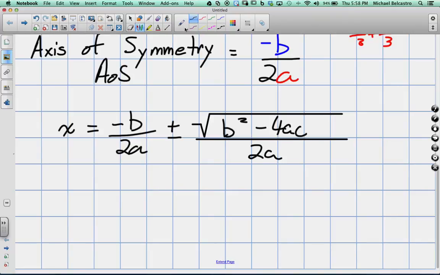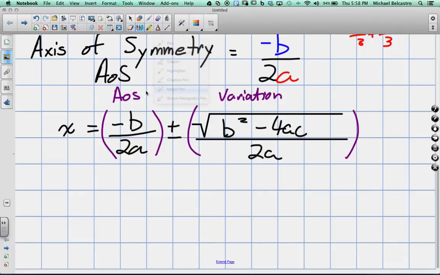The idea is that the first part is your axis of symmetry, and the second part is your variation from the axis of symmetry. Which makes sense, right? Because our x-intercepts are always equal distances from the axis of symmetry. So if this variation were 5, you would take the axis of symmetry and add 5 to it and subtract 5 from it, and that gives you your two x-intercepts.